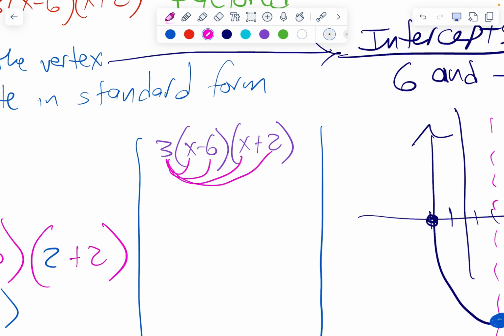Okay. Well, let me give you an example of why not. If I said, what is 3 times 2 times 4? What is that, first of all? It's 24, right? But if you do what the arrows are showing up there, you would be doing this.